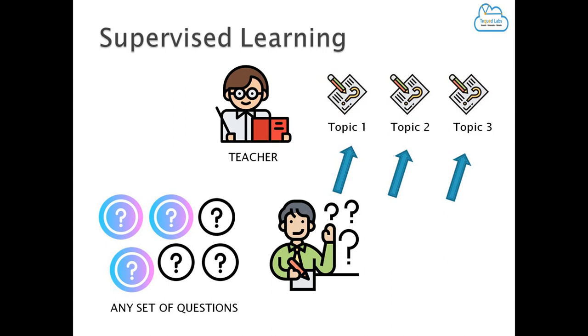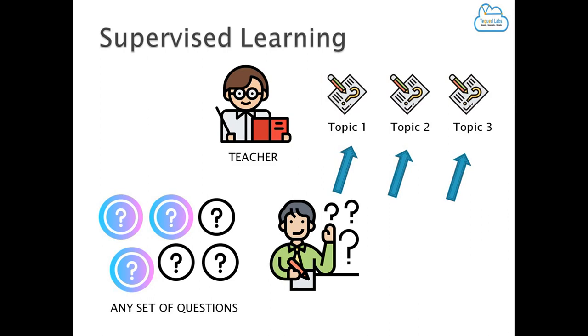These three topics are nothing but the output. The teacher told them these three are the topics that will be asked in the exam. Whatever questions come in the question paper, the student must classify them into topic 1, topic 2 or topic 3. If question 1 comes, the student thinks, okay, this question belongs to this topic, so I need to answer from topic 1. The main thing is the output is already fixed.